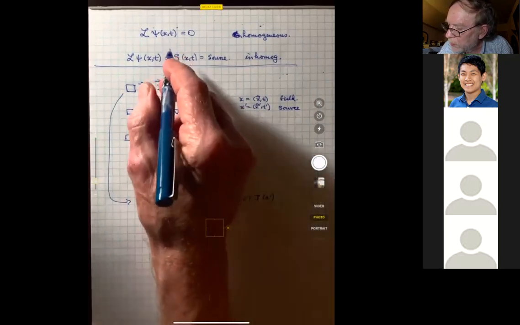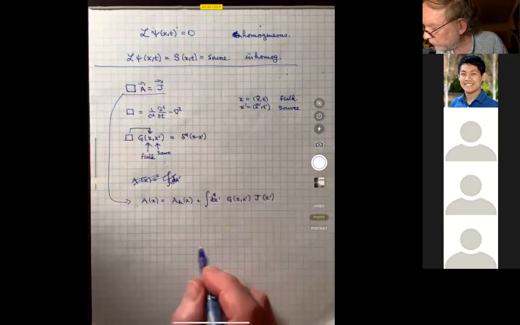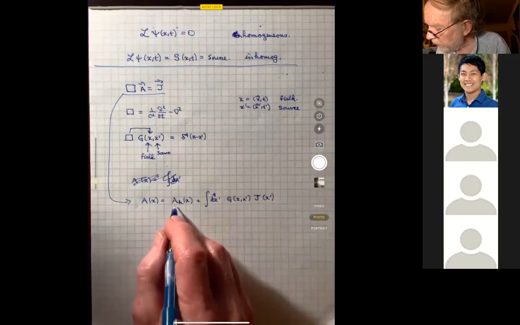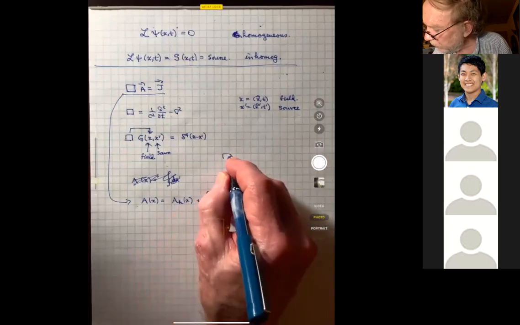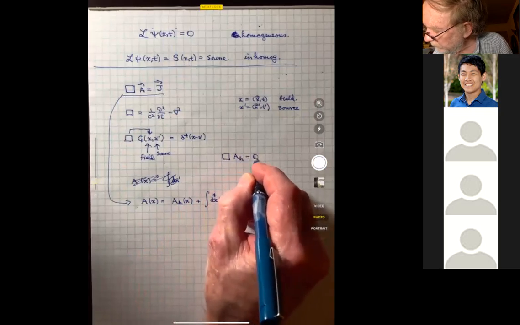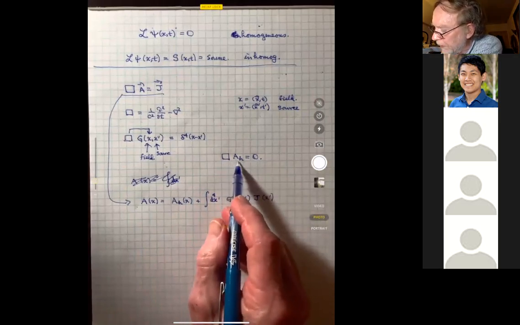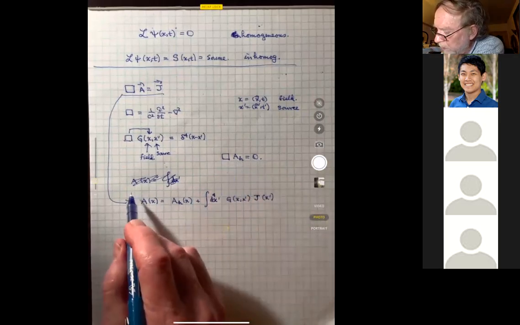The current here is the source of Maxwell's equations. Okay. What is A_H? A_H is a solution of the homogeneous equation. Any solution of the homogeneous equation. If there are no sources, then A_H is a solution of that.